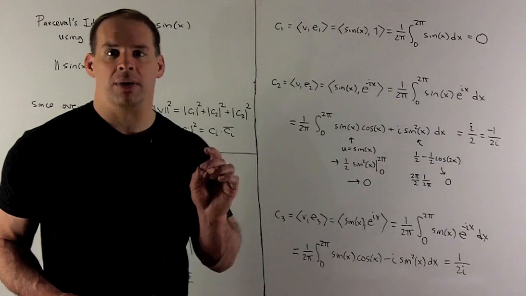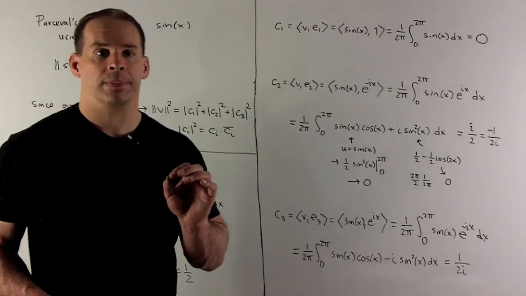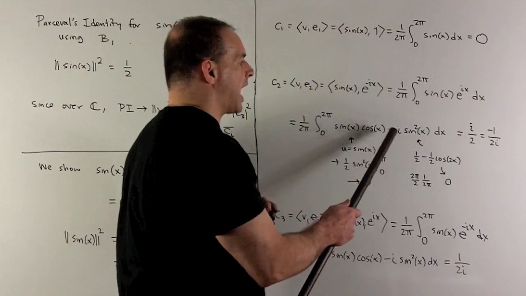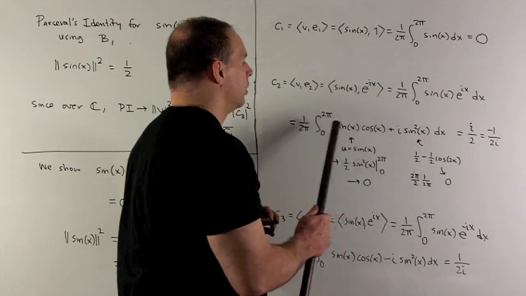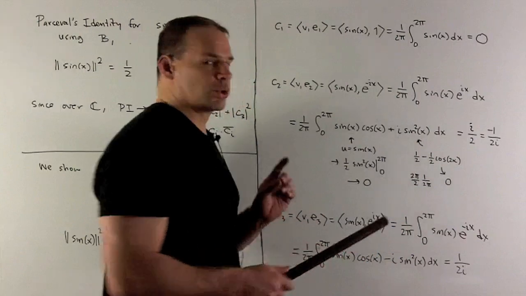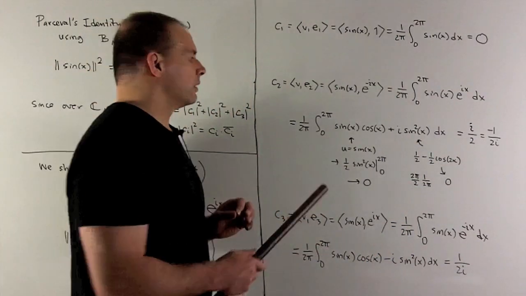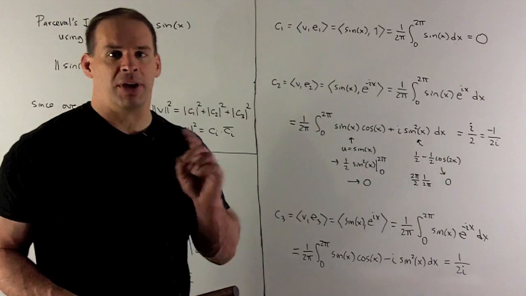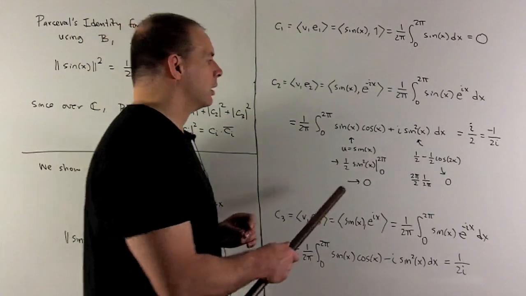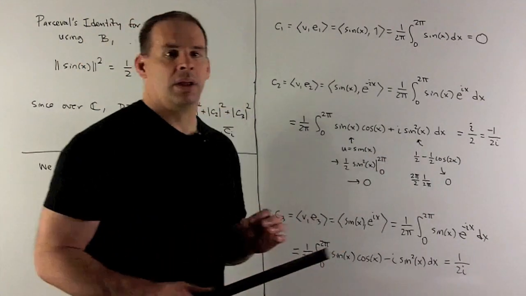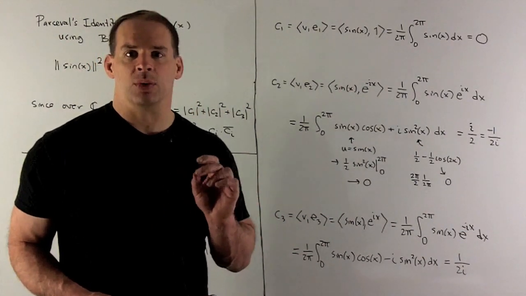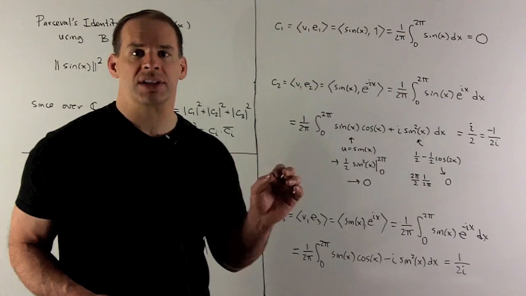And then we sub in using Euler's formula. So the e to the ix becomes cosine x plus i sine x. We have these two terms, so we treat them separately. The first term, you do the u substitution, u equals sine x. That's going to make your integral go to 0. Then for this term, we have sine squared x. So I'm going to use cosine 2x equals 1 minus 2 sine squared x.